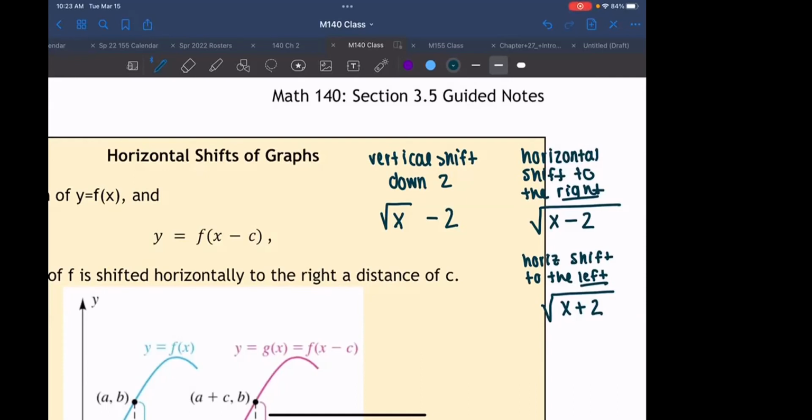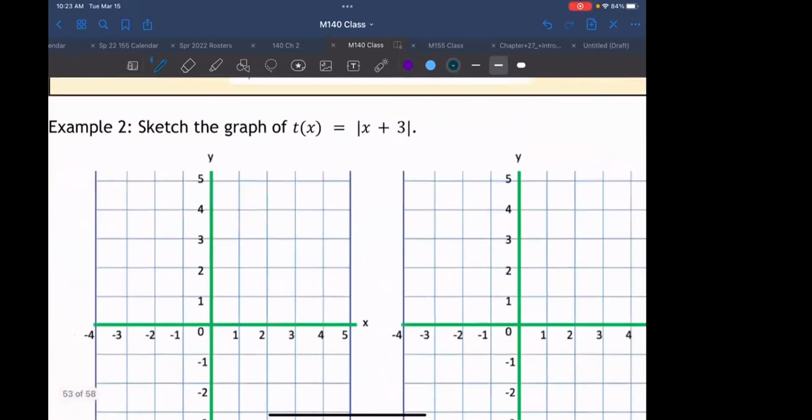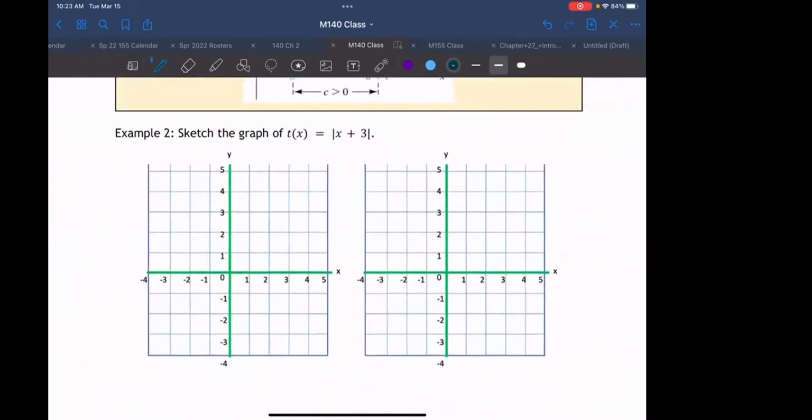Let's do an example here. So we have the graph of the absolute value of x plus 3. First, let's find the basic function. What's the basic function behind all of this? Out of the 8 functions we have, the absolute value function, right?